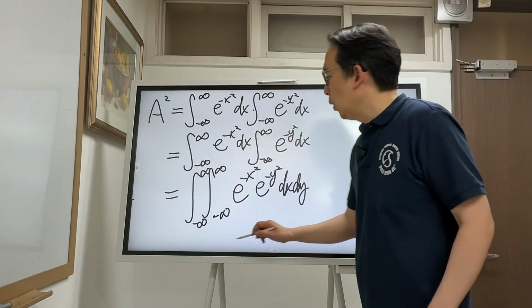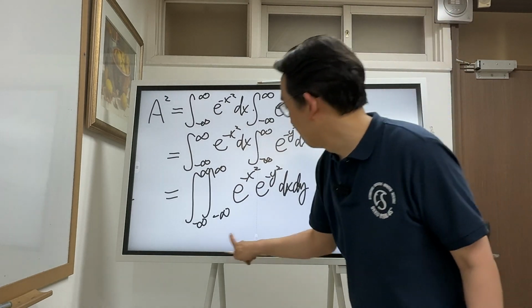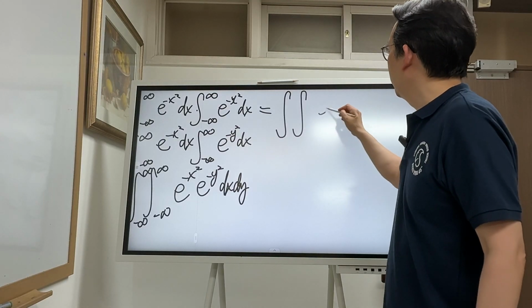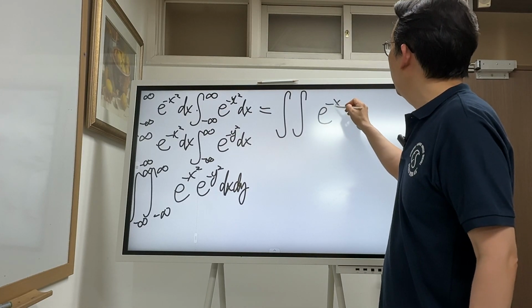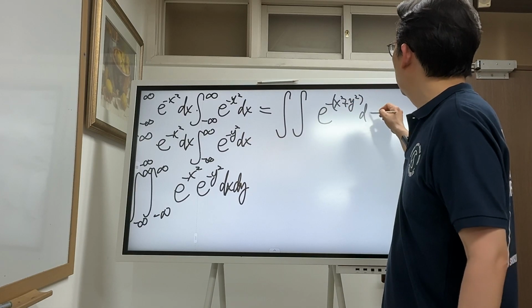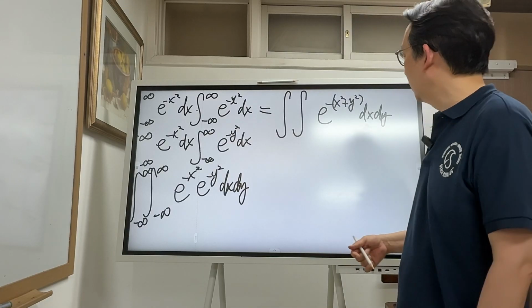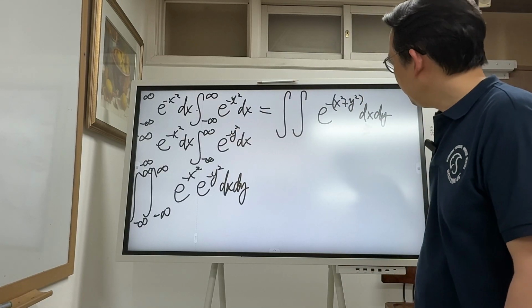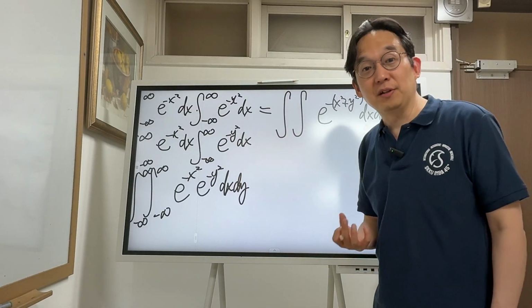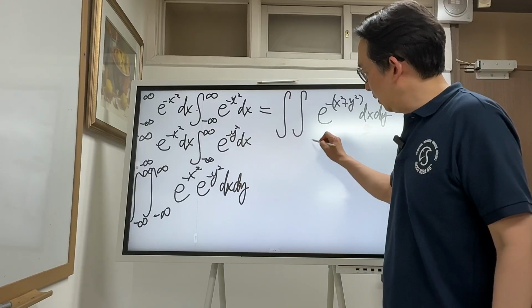And we know that this should be nothing but e to the power of minus parentheses x squared plus y squared dx dy. I'm omitting the infinity over there. Now this one looks awfully like the equation of a circle, using the Pythagorean theorem and so on.